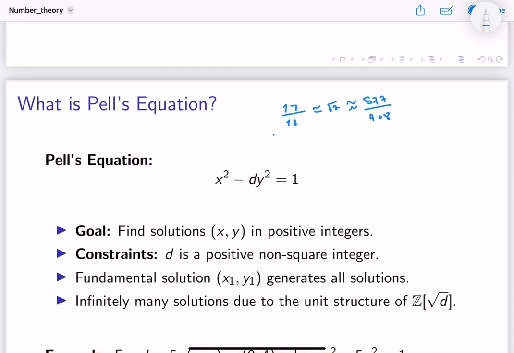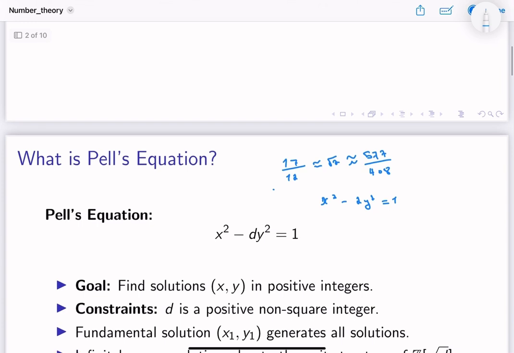So mathematicians noticed that if we look at an equation of the form x squared minus 2y squared equals 1, and we find a solution with x and y positive integers, then if we divide by y squared, we get (x over y) squared minus 2 equals 1 over y squared, and this gives x over y equals the square root of 2 plus 1 over y squared.